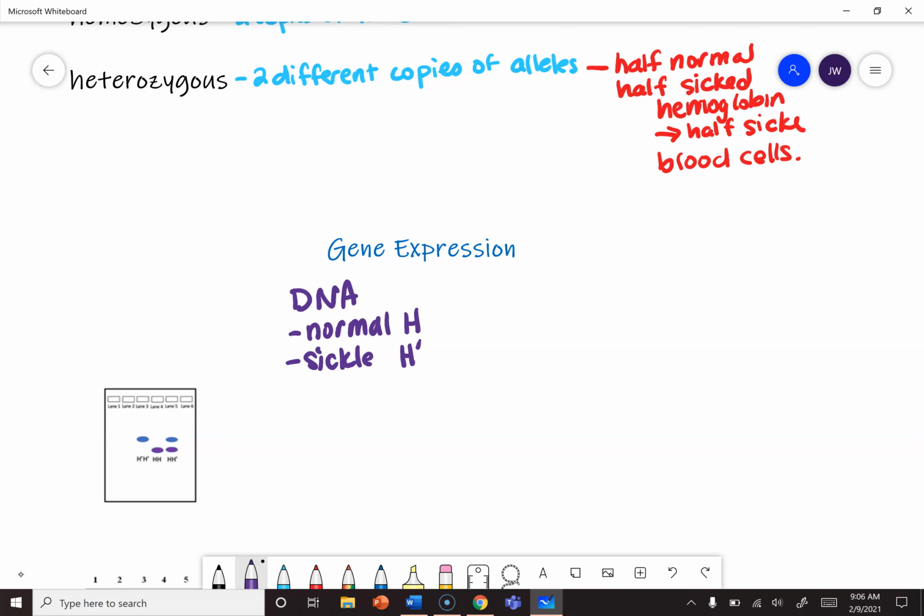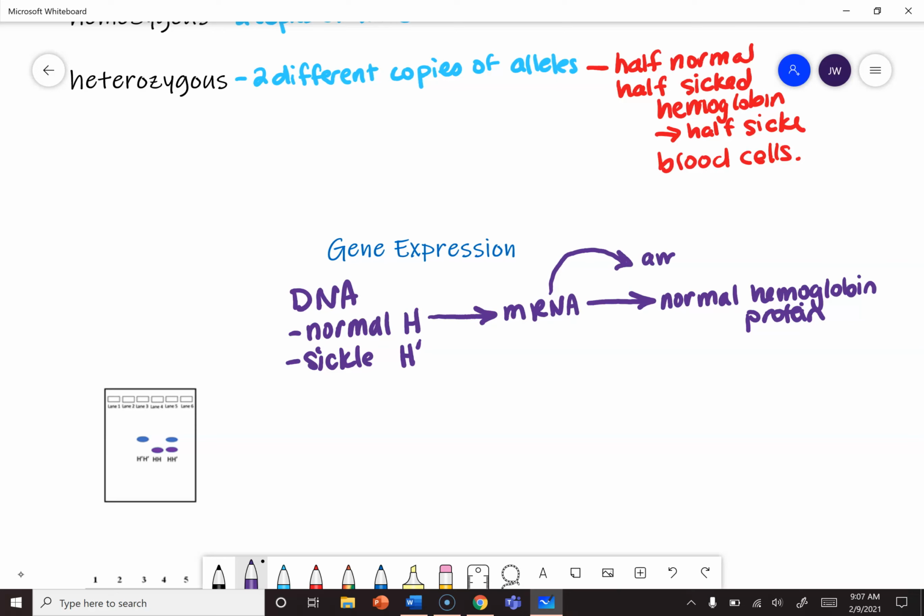In the normal hemoglobin, we produce a messenger RNA, and that produces a normal hemoglobin protein. So I skipped some steps, right? After messenger RNA, we actually go through translation and we produce our amino acid chain, or our polypeptide. And from there, we produce that hemoglobin protein.